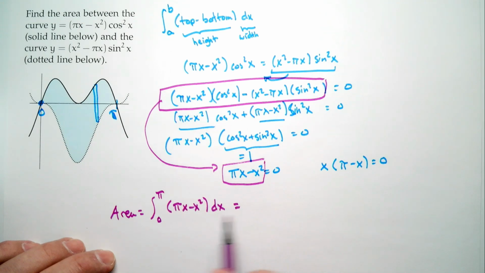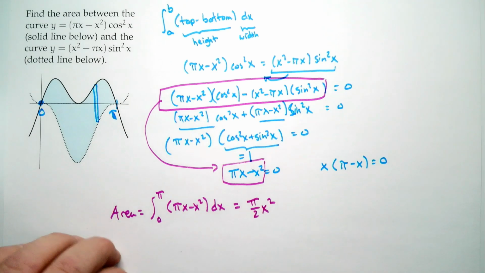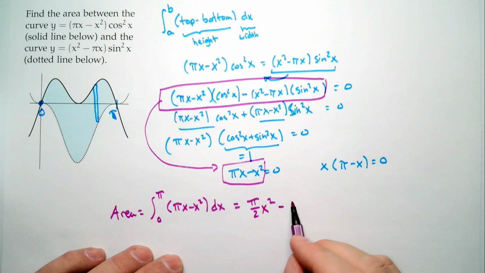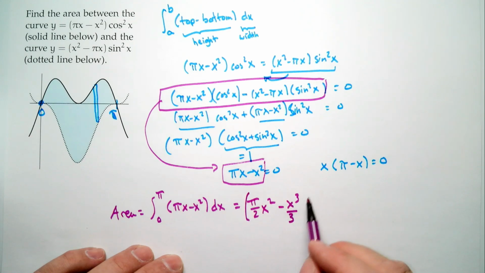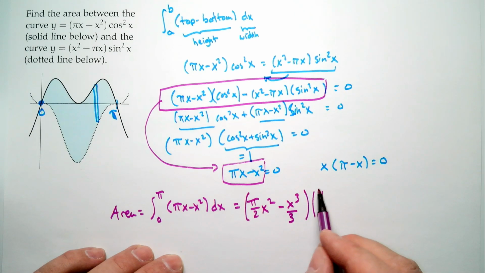What's the integral of pi times x? Pi over 2 x squared. The pi is a constant, so you simply take pi times the integral of x, which is x squared over 2. What's the integral of x squared? x cubed over 3. So pi over 2 x squared minus x cubed over 3, and then we evaluate from 0 to pi.